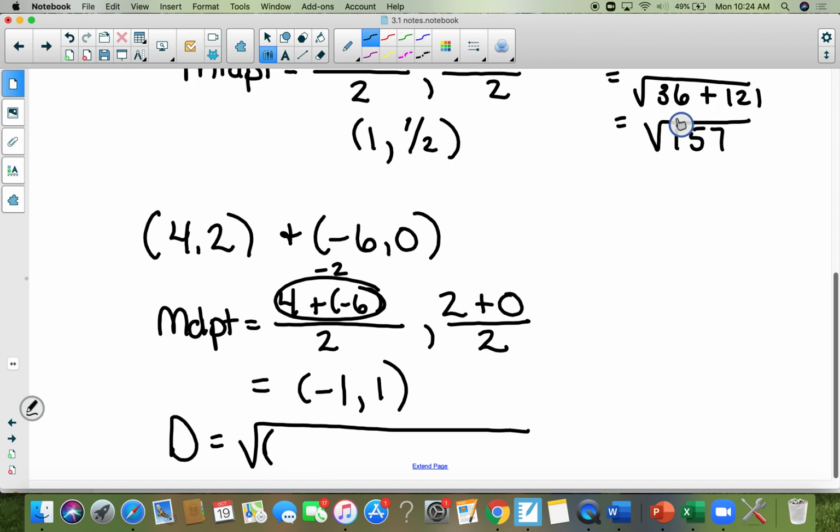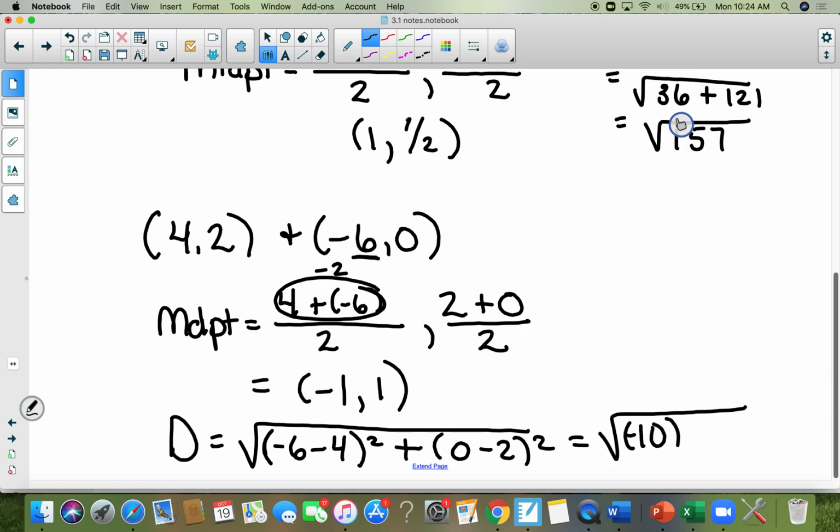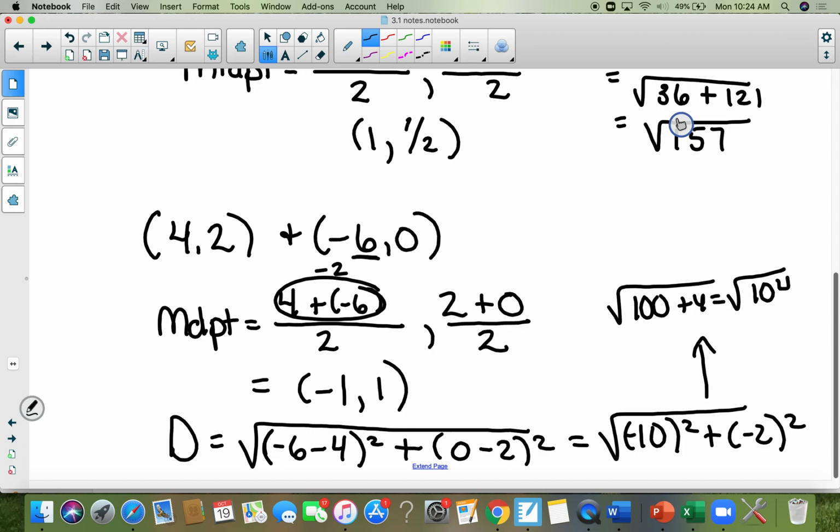To do the distance, it's the square root of x2 minus x1 squared plus y2 minus y1 squared, which gives us -10 squared plus -2 squared, and I'm going to come up here to show you that -10 squared is 100, and negative 2 squared is 4, which makes a square root of 104, but make sure you simplify the square root of 104.